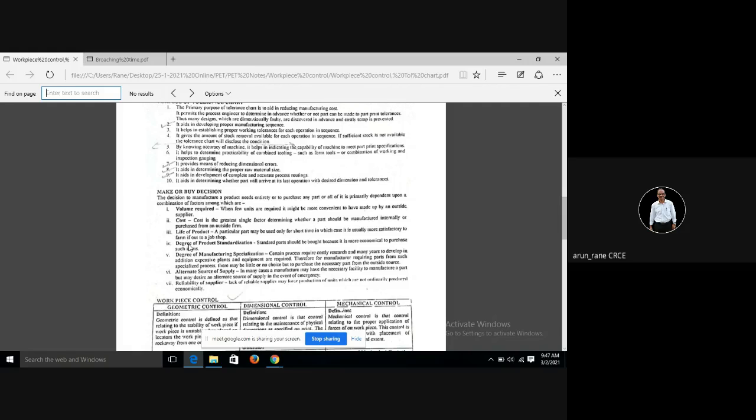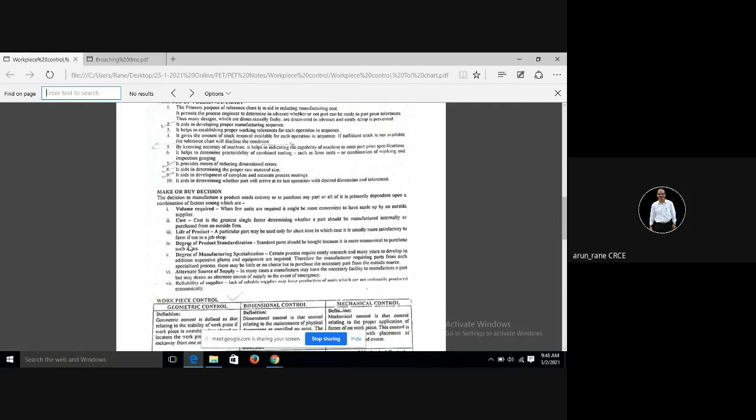Because Mahindra has their own studies, like suppose 50 kits per year. If they want to manufacture in-house, then their cost comes out higher than the cost of the supplier. Why? Because the people who are working in Mahindra are all highly paid.